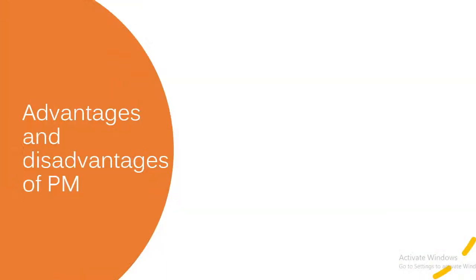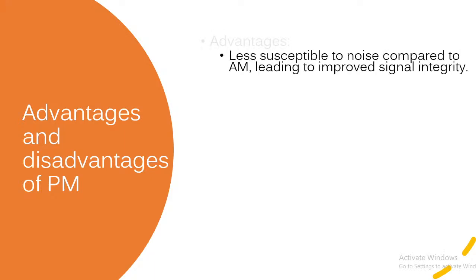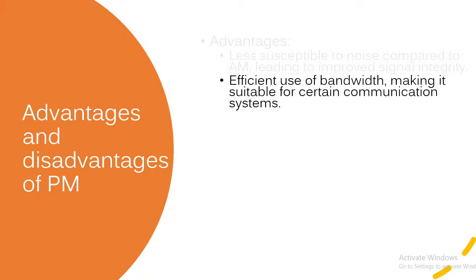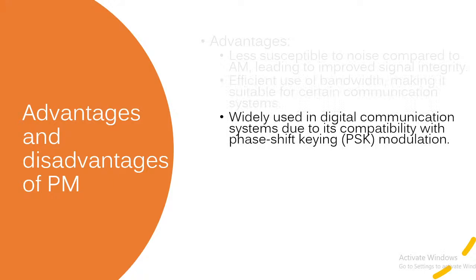Next. Advantages: the first advantage is that it is less susceptible to noise compared to amplitude modulation. So you have signal integrity. Next, efficient use of bandwidth. Next, widely used in digital communication systems using PSK, phase shift keying modulation.